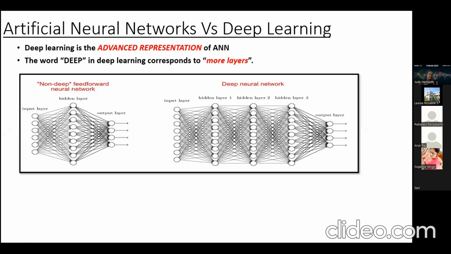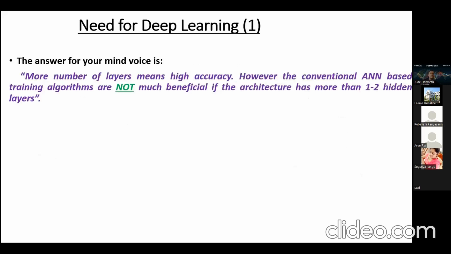In 2010, they found out that if I increase the number of layers, any application is going to give me a better decision, or the accuracy of that application will be very high. This is the idea behind increasing the number of layers.